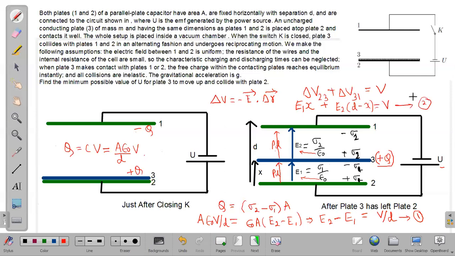So now we have obtained two equations for E1 and E2, and I can solve them simultaneously. Even you can solve them simultaneously.